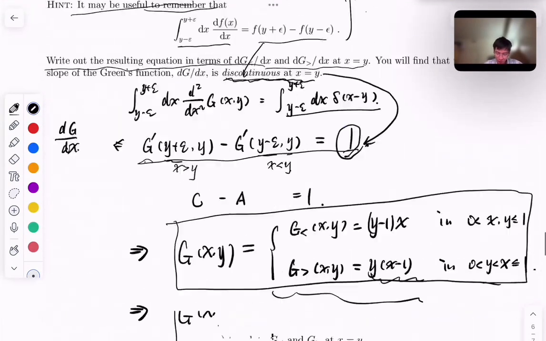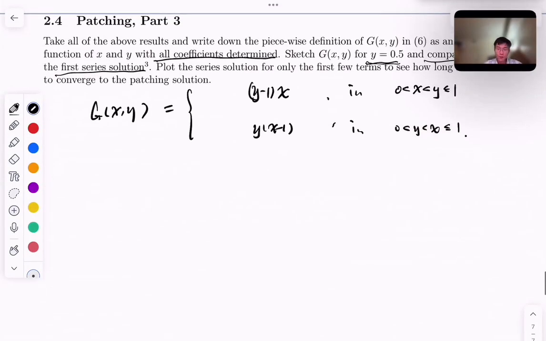And the first series solution is from problem 1 we have solved before.